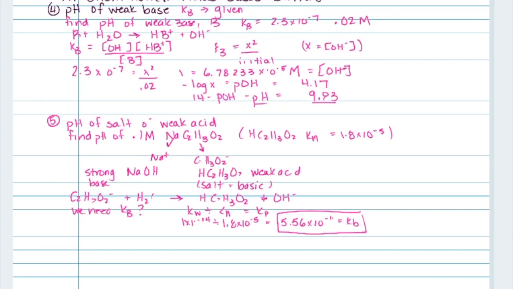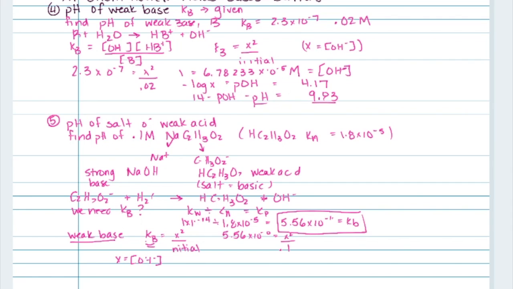Now that we have a Kb, we treat this as any other weak base, and we're just going to set Kb equal to x squared over the initial, which means we're going to do 5.56 times 10 to the minus 10 and set it equal to x squared over 0.1. X will give us our hydroxide ion concentration because of the fact that we were starting with a Kb.